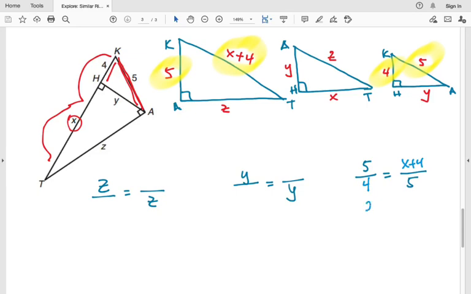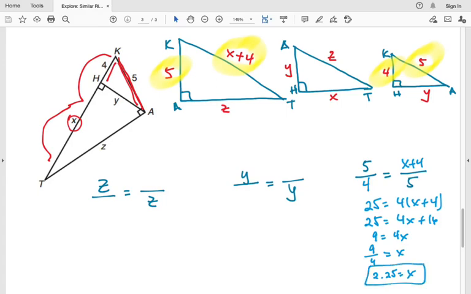Cross multiply, we get 25 equals 4 times x plus 4. So you get 25 equals 4x plus 16. If I subtract 16 from 25, I get 9 equals 4x. Divide 9 by 4, and you're going to get 9/4, or you could say 2.25. Either answer is fine.